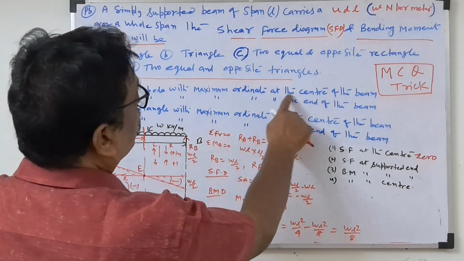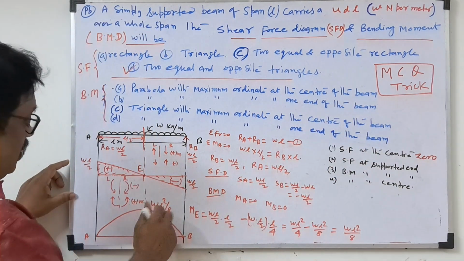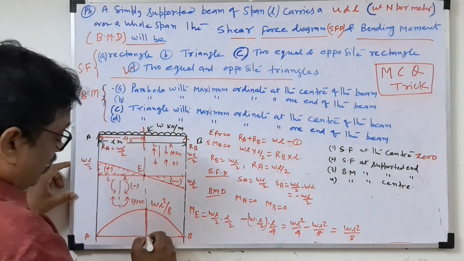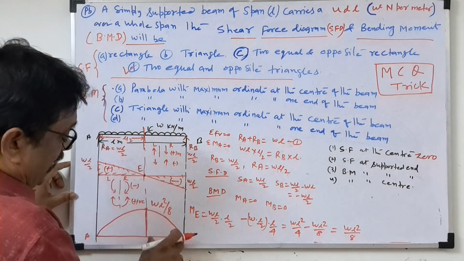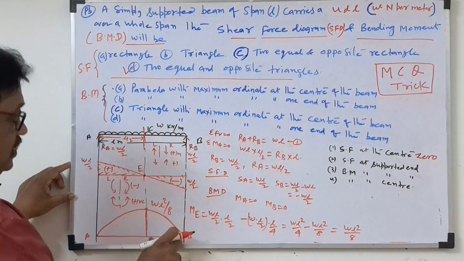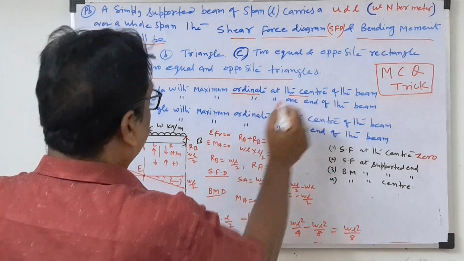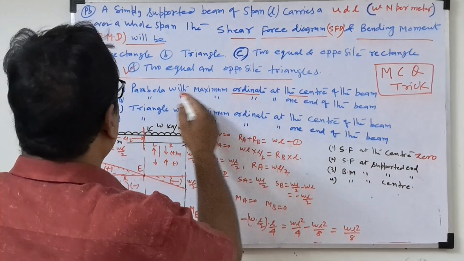Parabola with maximum ordinate at the center of the beam. Ordinate means this vertical height, the Y. This is the abscissa, and this is called the ordinate. So they are asking the ordinate at the center of the beam.